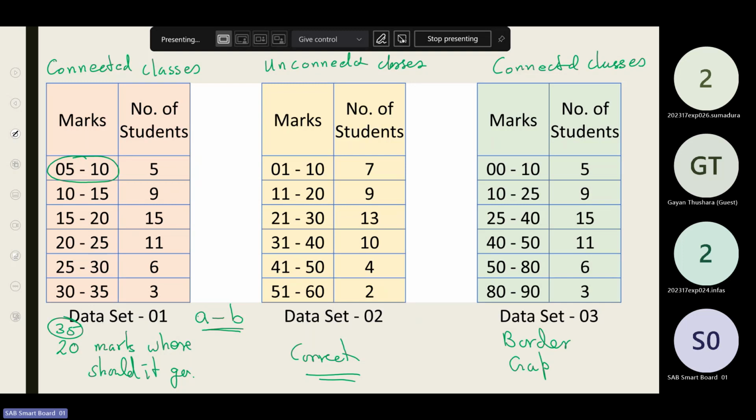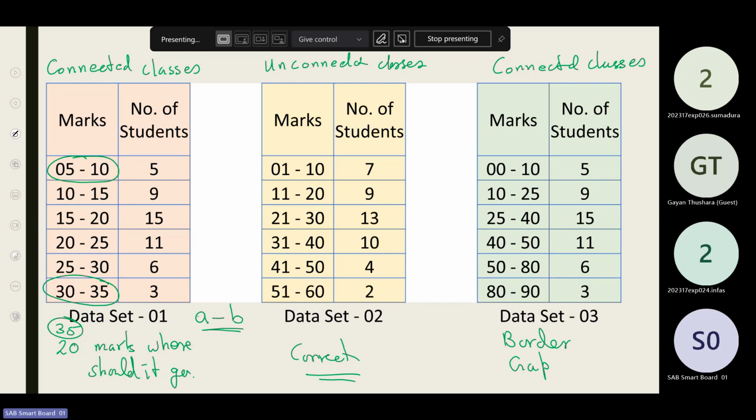So only for a single value, no point in defining another class. So in the connected classes, except the last class, all the other classes will follow this from A up to B, not B. But the last class will contain both the borders, from 30 up to 35 with 35.